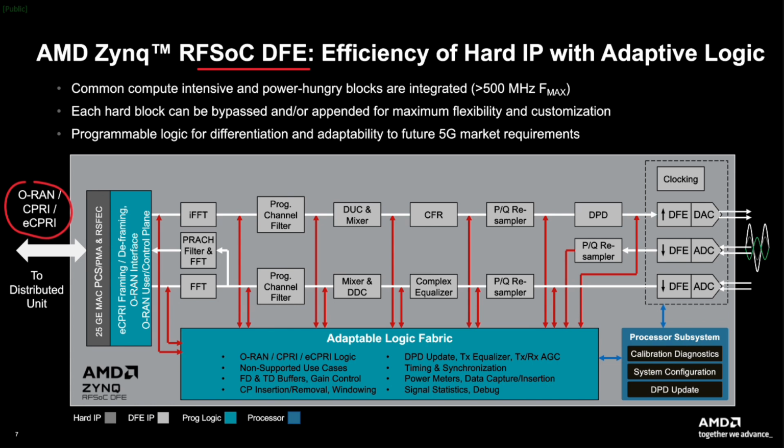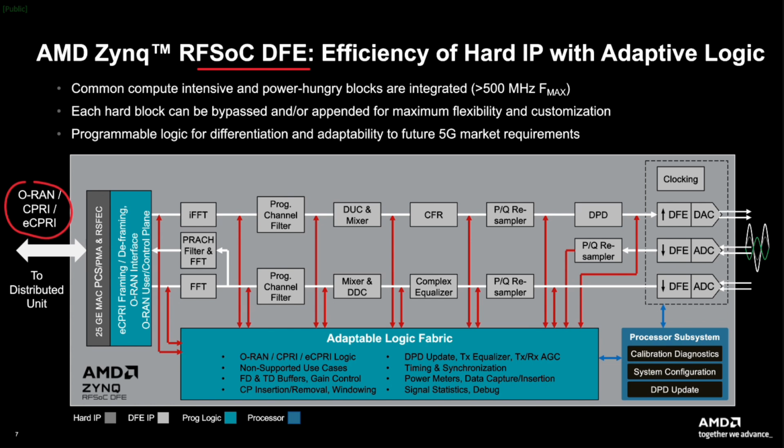And then we would have the ORAN IP implemented in the adaptable logic fabric. The reason we did that is when we did the design, ORAN was still changing. It was not fixed. It's even, I would say, problematic today in terms of interoperation and things like that. So you need some flexibility. But at the time, the standard was still changing, so we implemented that all in adaptable logic.